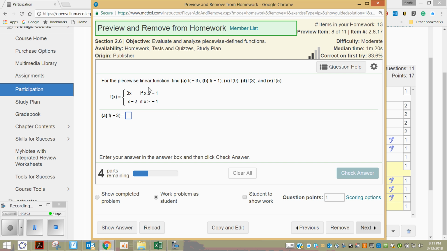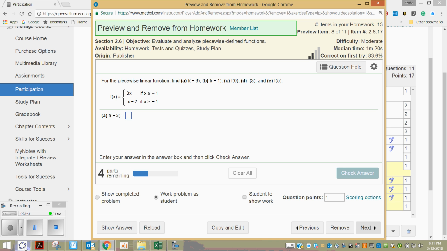For the piecewise linear function, find f of -3, -1, 0, 3, and 5. Okay, so this is called a piecewise function, a piecewise defined function, meaning that the function is defined in pieces. The first piece is whenever x is less than 1, and the second piece is for whenever x is greater than -1.